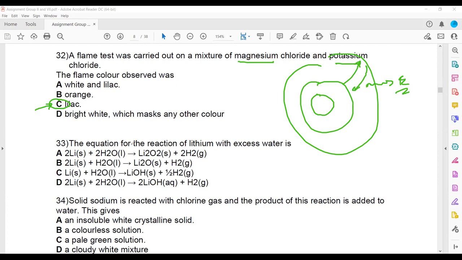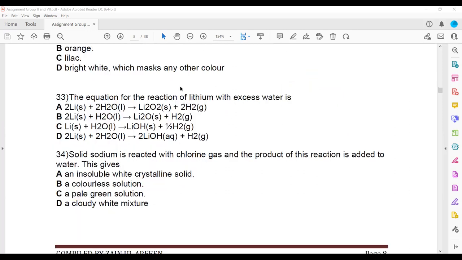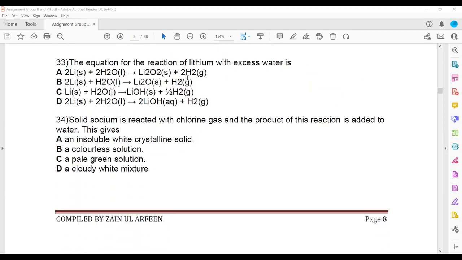In question 33, the equation for the reaction of lithium with excess water: when lithium reacts with water, it will form aqueous lithium hydroxide, and hydrogen gas will be released. Why do we call them alkali metals?